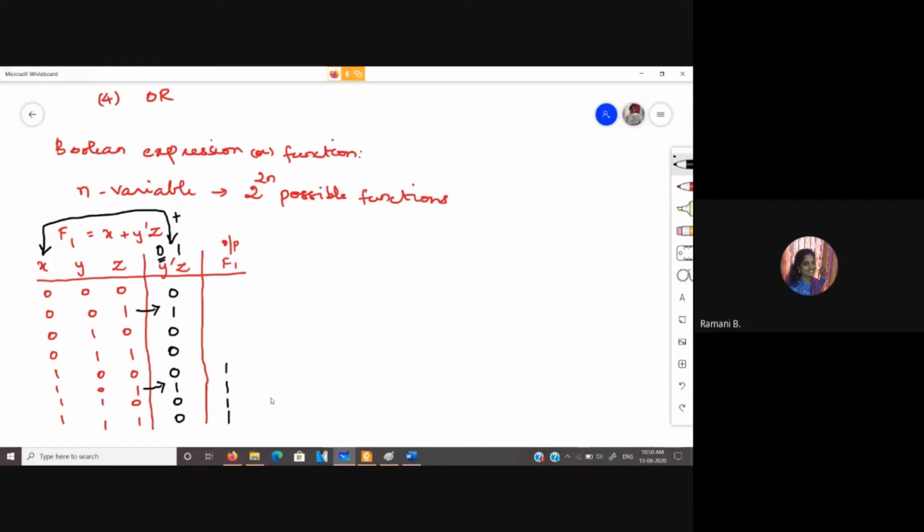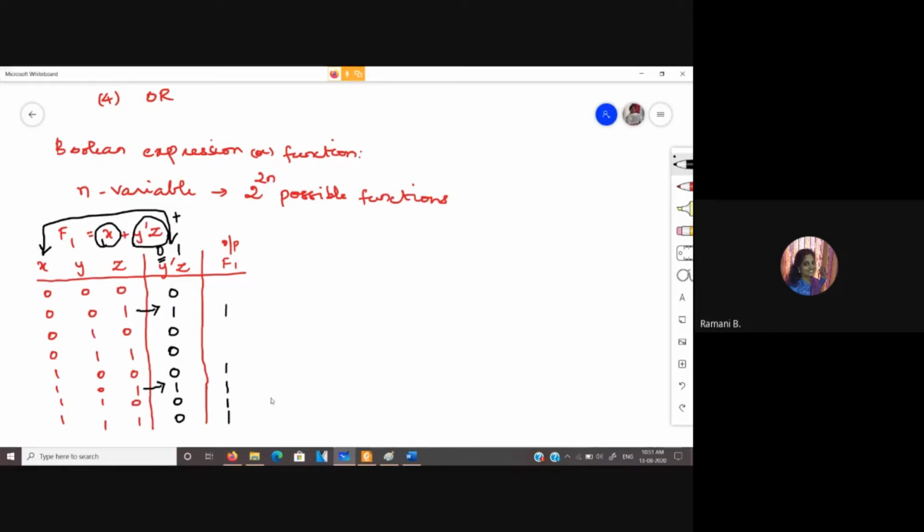So either x should be equal to 1 or this y bar z should be equal to 1, or both can be 1. Okay. So first I have filled in the values where x is equal to 1. Next I can fill in the values where my y bar z is equal to 1. So this is the only other place.